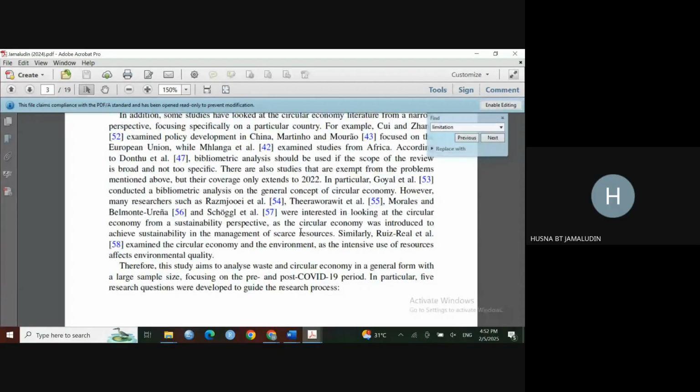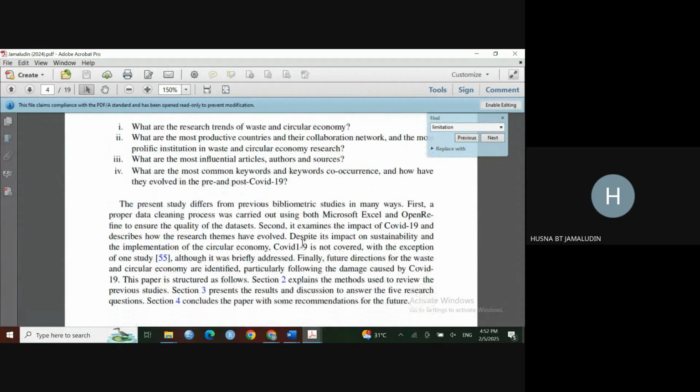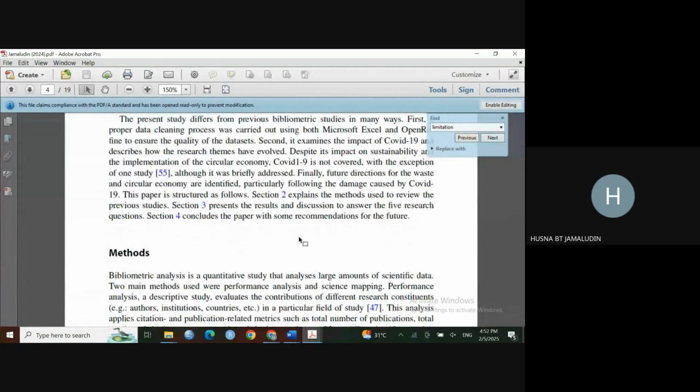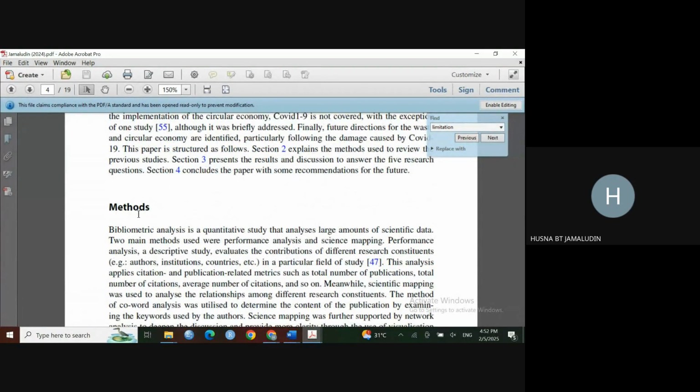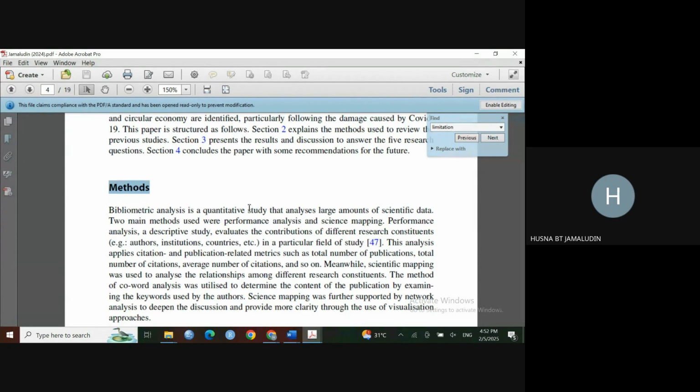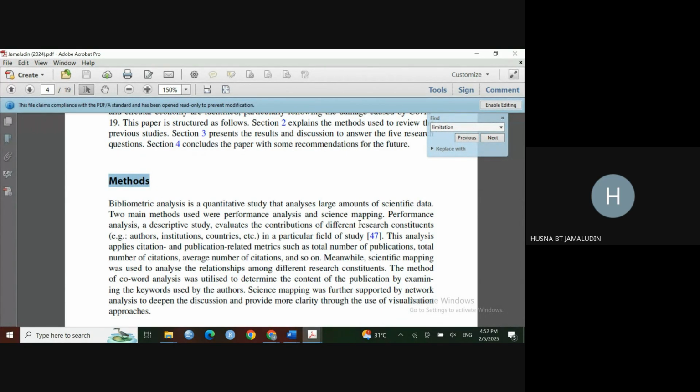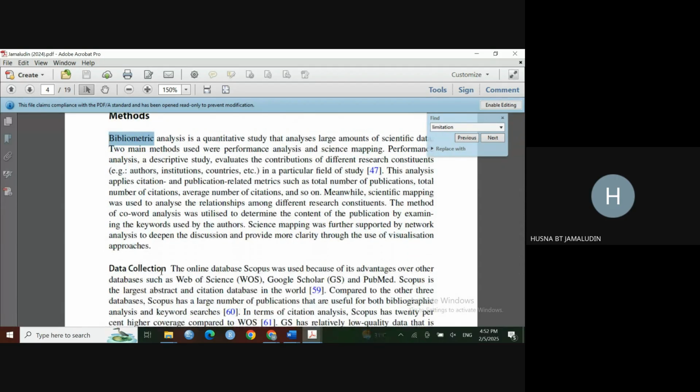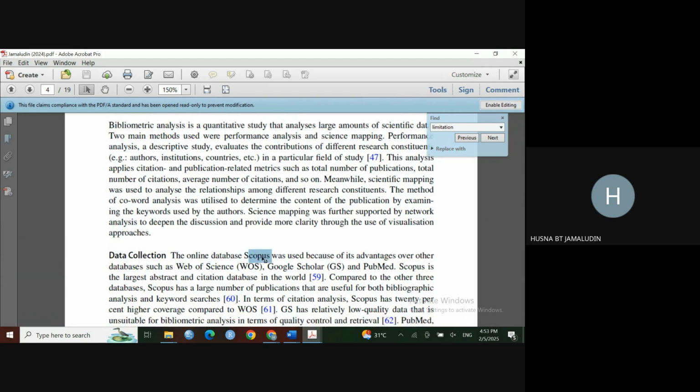Let me see. Okay. So remember, under method, this is our expertise. So you have to be clear enough. Where is it? So here they are using bibliometric. Under bibliometric, I'm collecting the data using Scopus. There are different types of data. You have Scopus, you have WOS, you have GS, and so on.